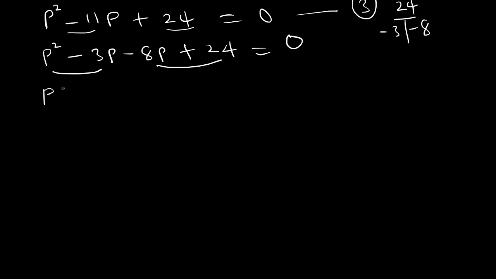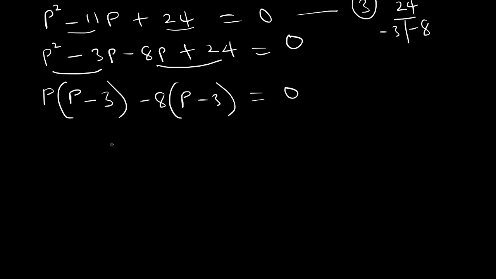So factor out p. P squared divided by p is p. Minus 3p divided by p is minus 3. And here we have that minus 8 is common. Minus 8p divided by minus 8 is p. And positive 24 divided by negative 8 is minus 3. Everything is equal to 0.